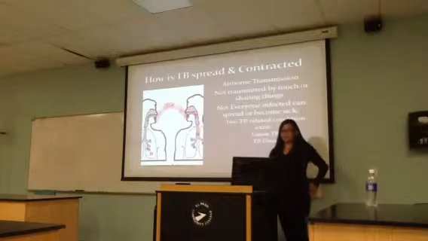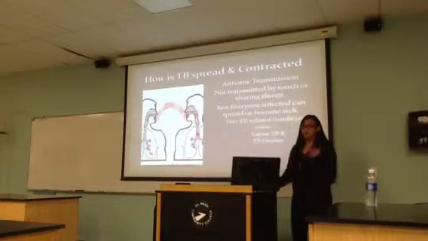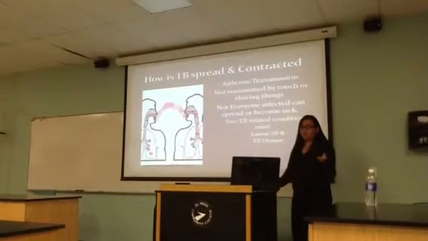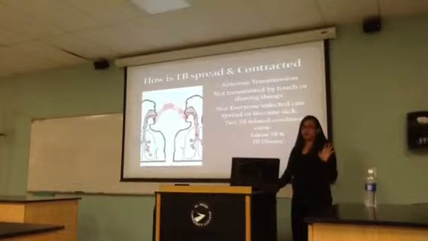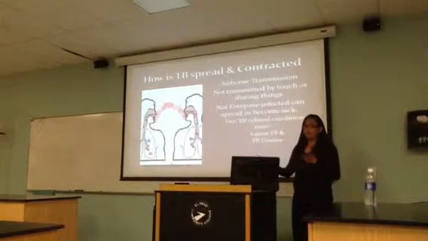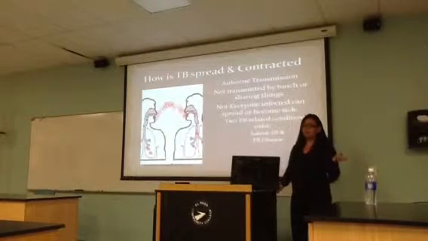How is it spread and contracted? It's an airborne disease, mainly through coughing and droplets, and it's just like HIV. You can't get it from shaking hands, touching tables, or using the same utensils.